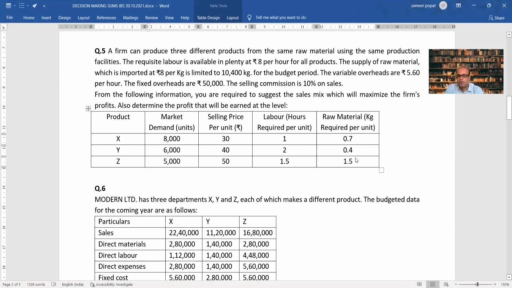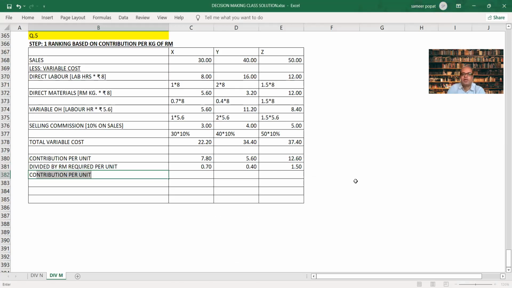So we'll get contribution per kg of raw material. 7.8 divided by 0.7, 11.14, 14 and 8.4. Now using this, we need to give rank. So this would be first rank, 11 second rank and 8 third rank.